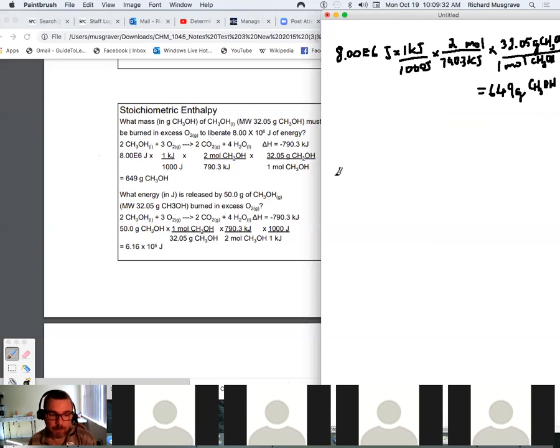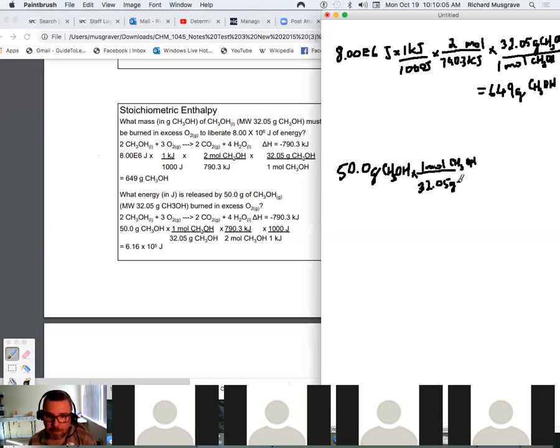Okay. So in this instance, the other thing we can do is we've got 50.0 grams. We can figure out how much energy that releases. And it's kind of the reverse, but you'll notice that I use dimensional analysis in order to achieve this. So 1 mole of CH3OH, and the molecular weight here is 32.05 grams.